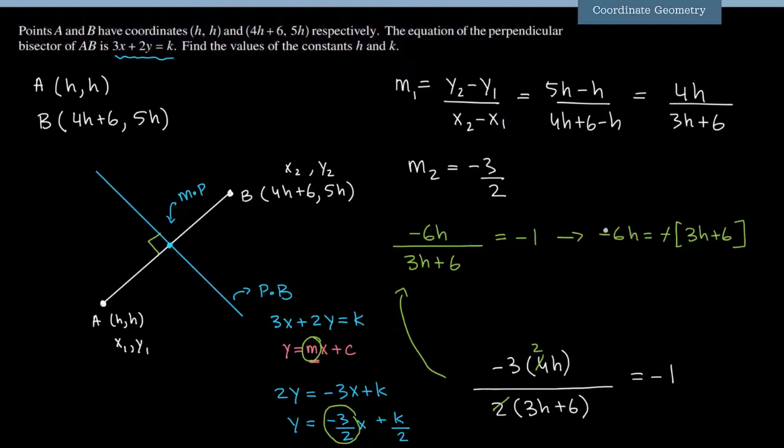These two negative signs cancel each other out and I have 6h = 3h + 6. Subtracting 3h from both sides gives me 3h = 6, and dividing both sides by 3 gives me h = 6/3, which is 2. So the value of h is 2.